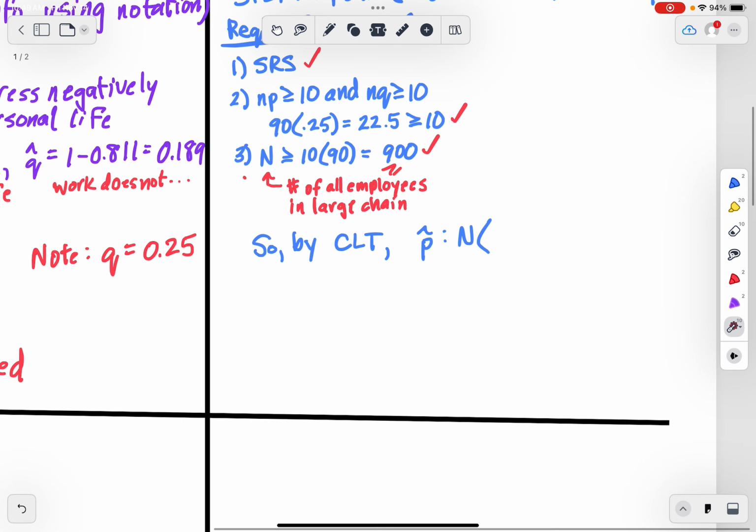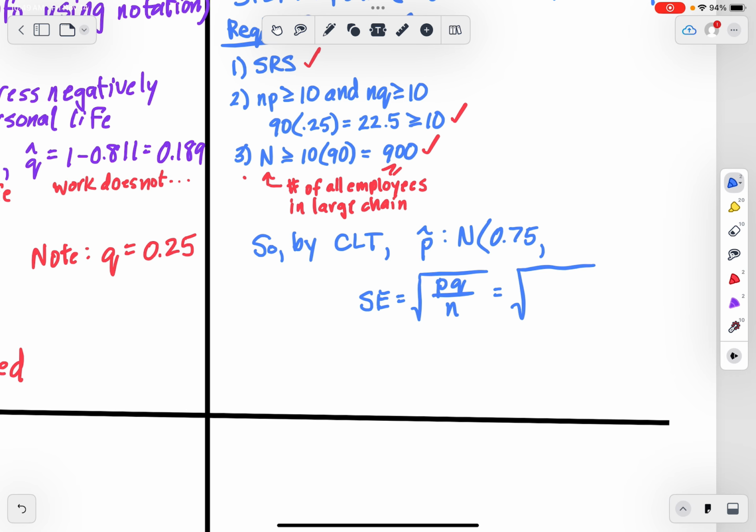So the p-hats should center on that 0.75, and they're going to have a standard error that we need to find using our formula, square root of PQ over n. And so that comes out to 0.75 times 0.25 all over 90.